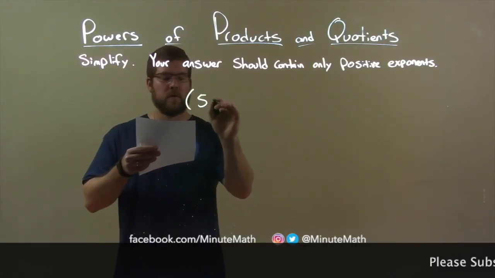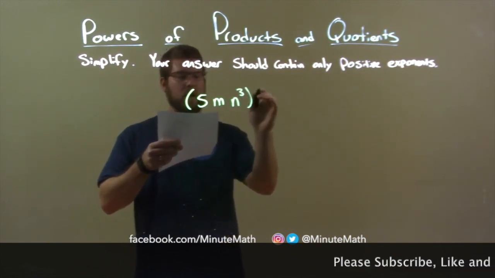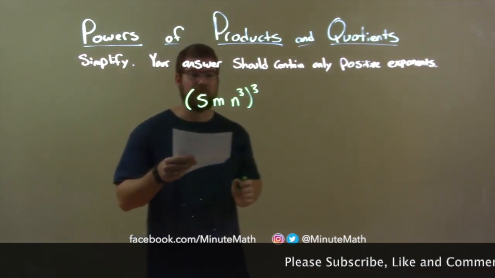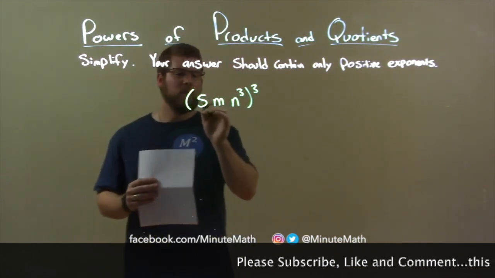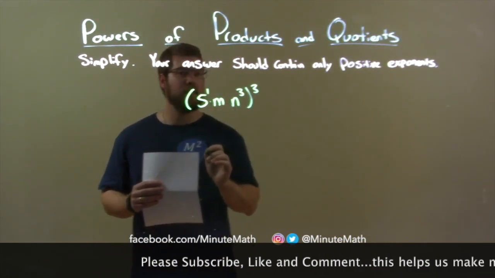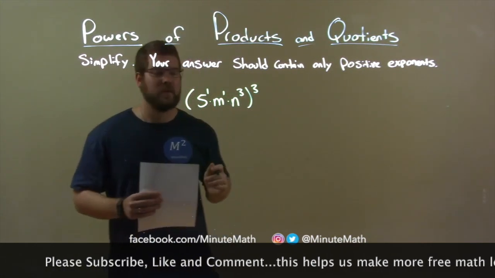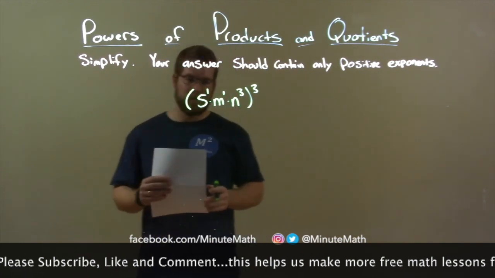5 m n to the 3rd power times, or all to the 3rd power, excuse me. Well, 5 we know is really raised to the 1st power. Multiplication between the 5 and m is also raised to the 1st power. Multiplication again between m and n to the 3rd power.